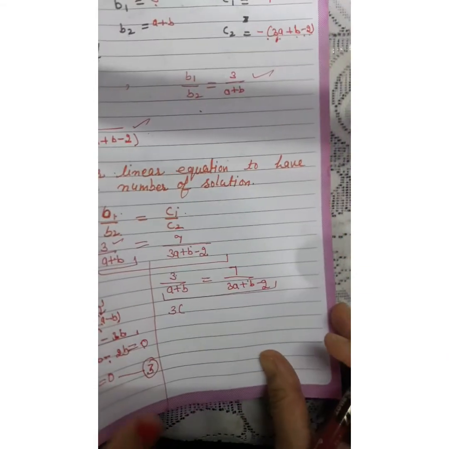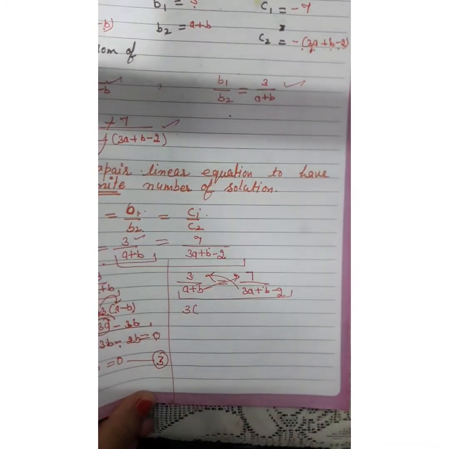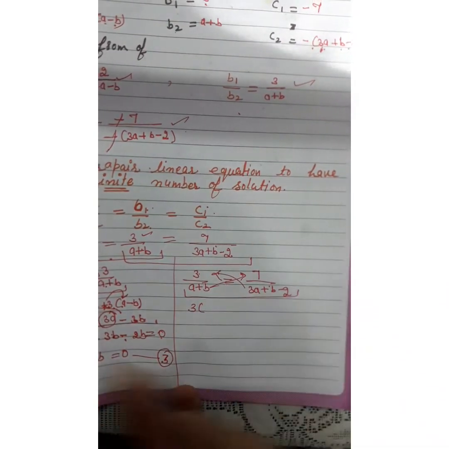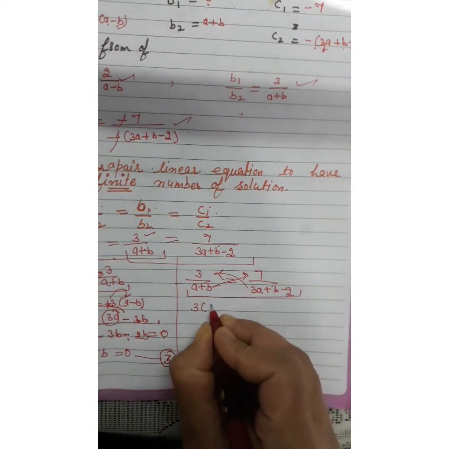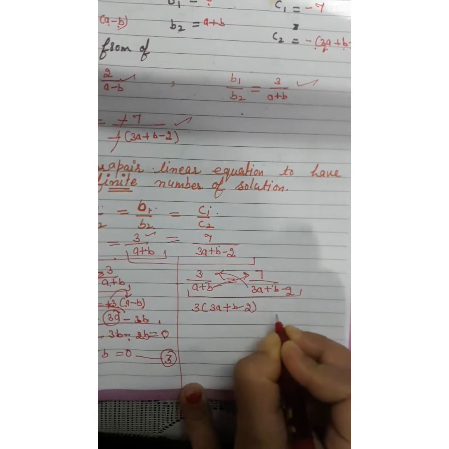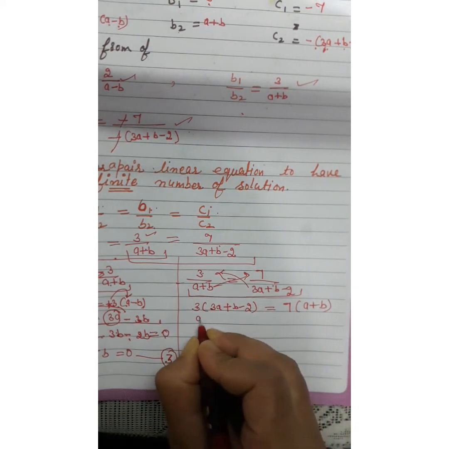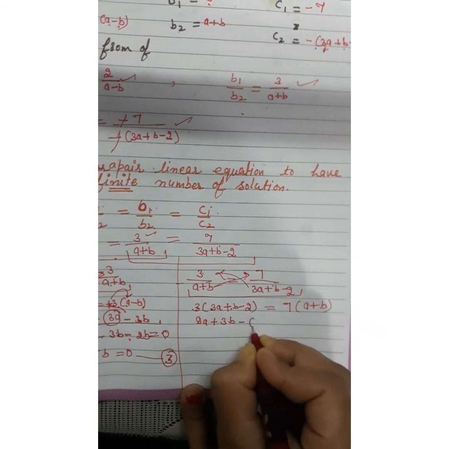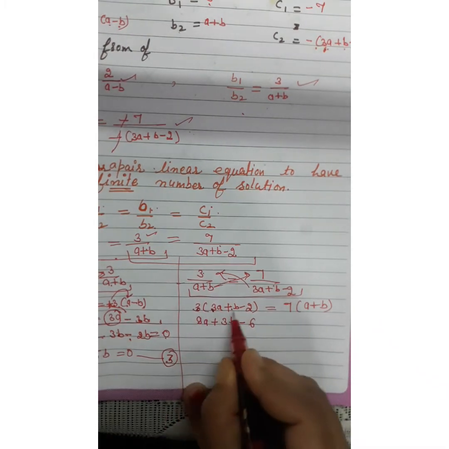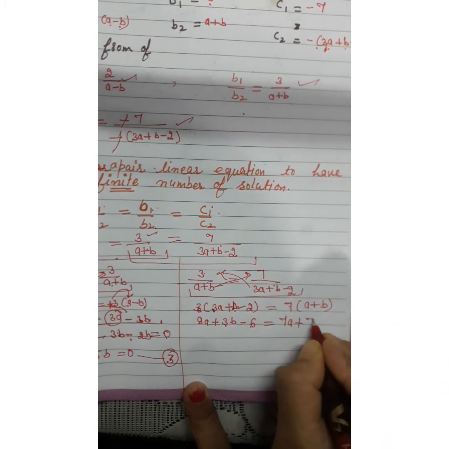On the other side, again cross multiplication, same as whatever you did in the previous two terms. 3 bracket start, 3a plus b minus 2 is equal to 7 times (a plus b). 3 times a is 9a... 3 is multiplied here also, and the coefficient of this is 1, so 3 ones are 3 and 3 twos are 6, is equal to 7a plus 7b.